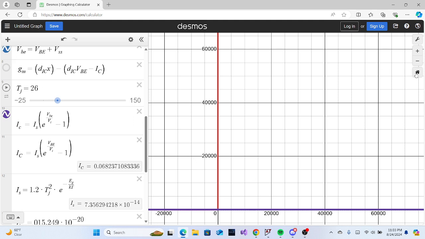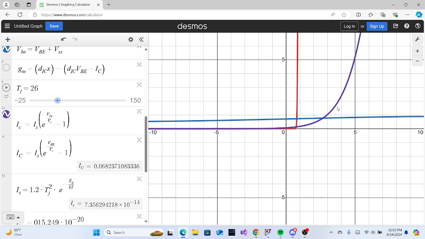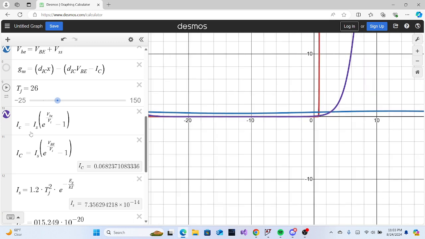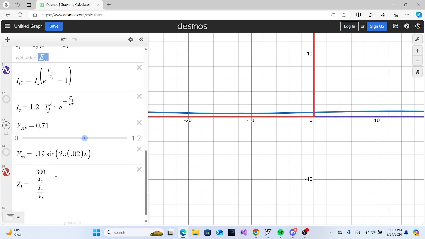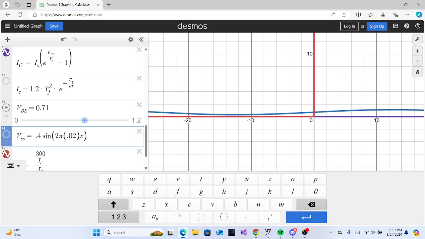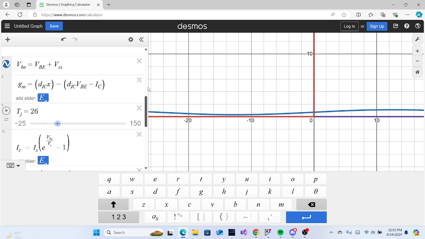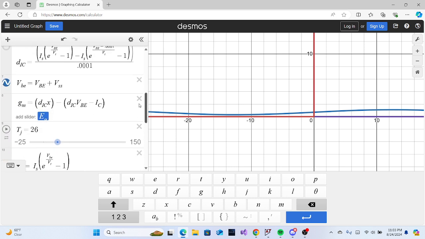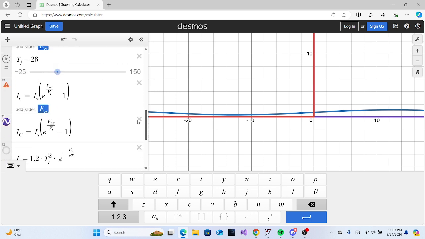Let's just go home. Change our input signal again. What, 400 millivolts. And make sure, yeah, 26.